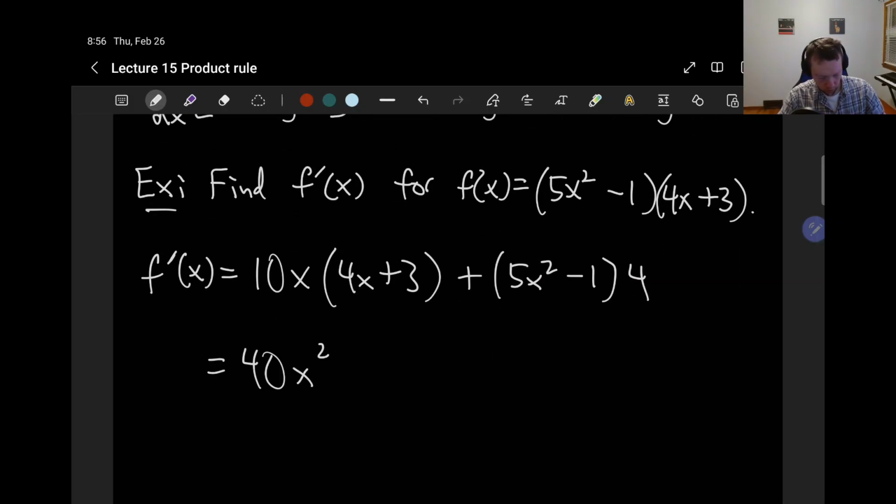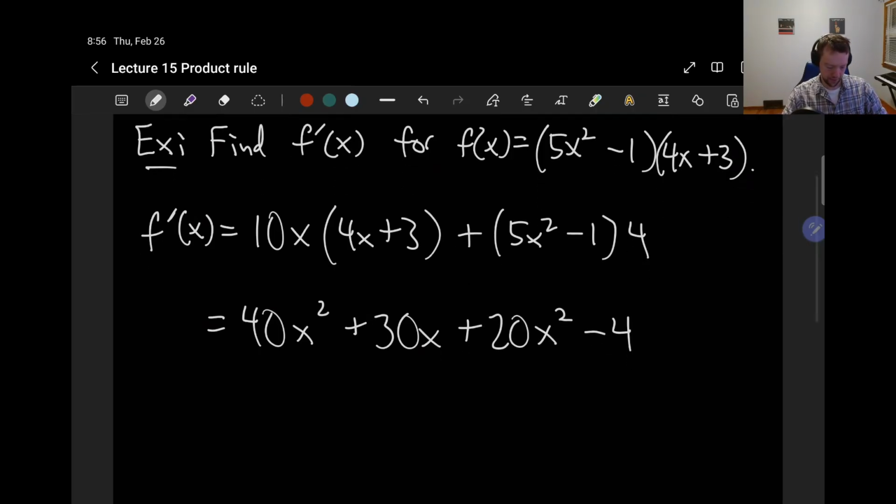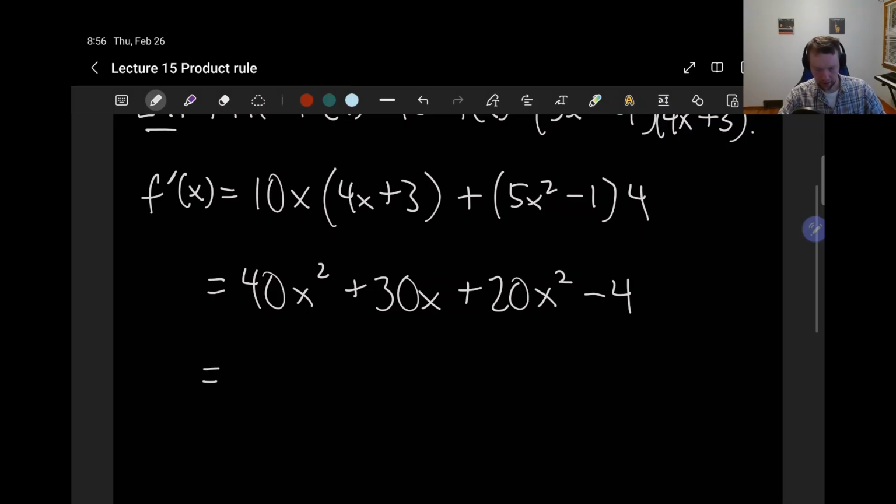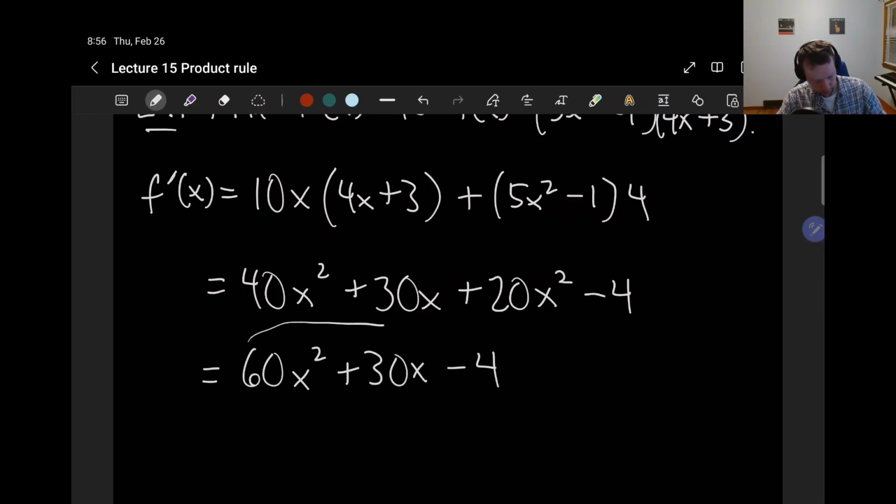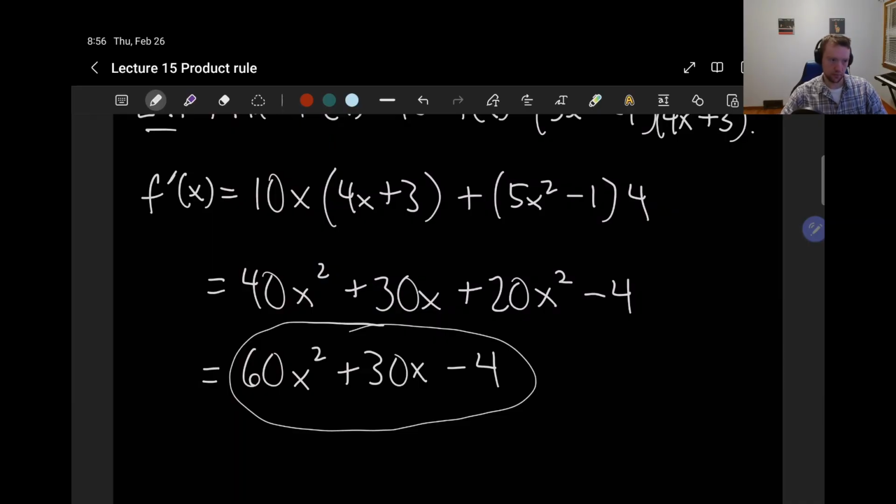I get 40x squared plus 30x when I distribute the 10x here. Now I'll distribute the 4. And we can combine like terms to finish this problem. Great.